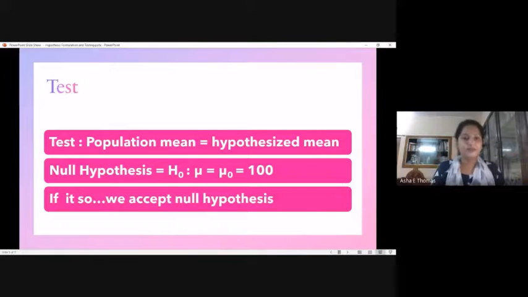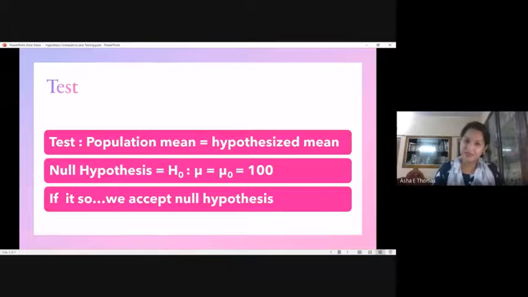This is the basic test. We have different types of tests. The basic test is: in a null hypothesis, we say that there is no difference between the population mean and the hypothesized mean. If after the test we arrive at a condition where there is no difference between the population mean and the hypothesized mean, we accept the null hypothesis and reject the alternative hypothesis.